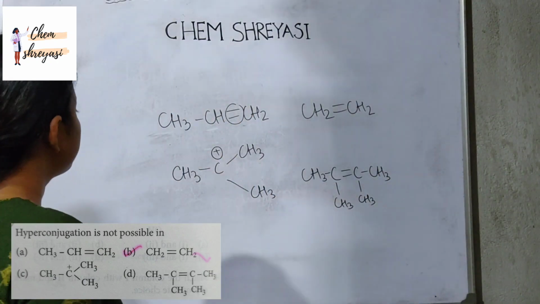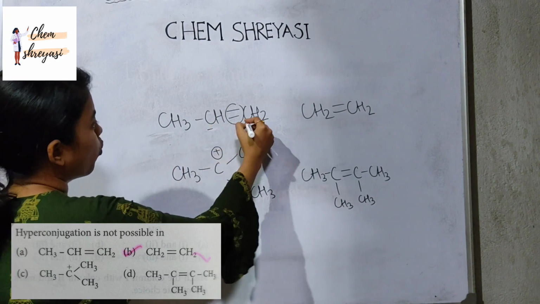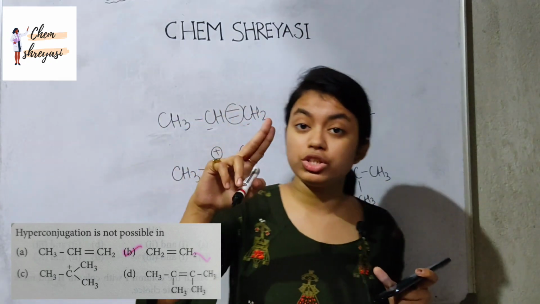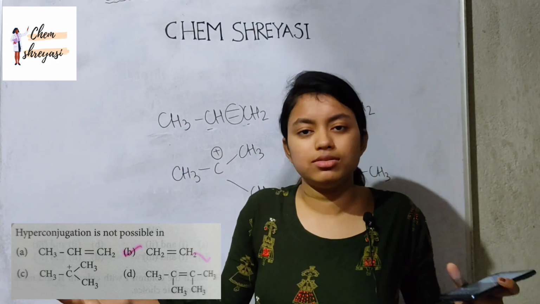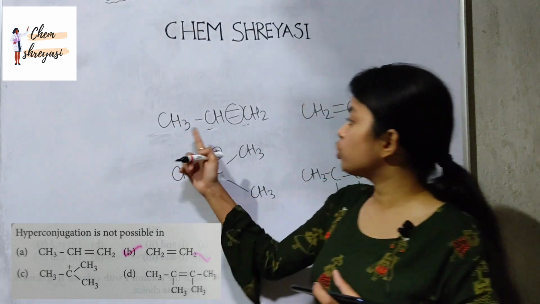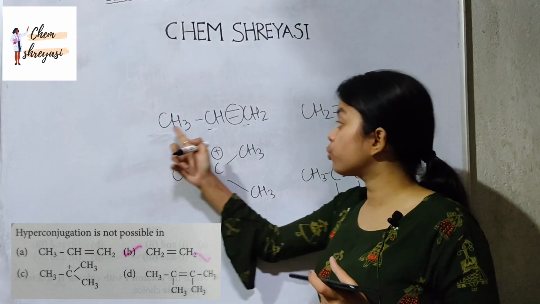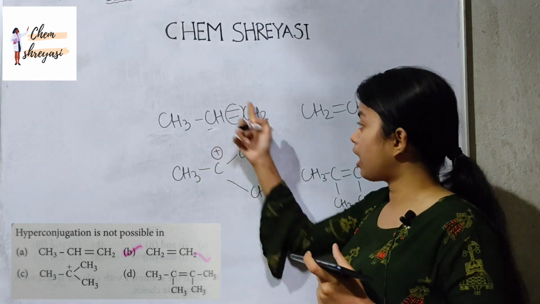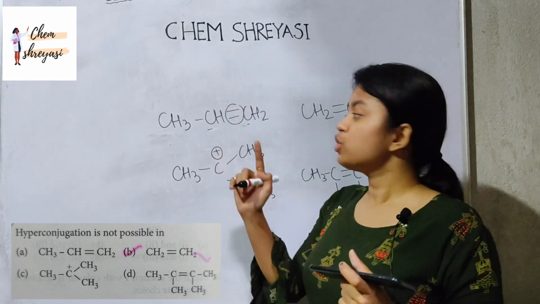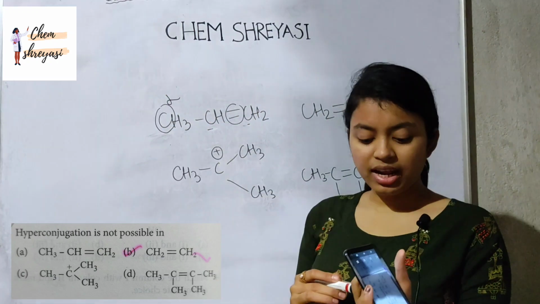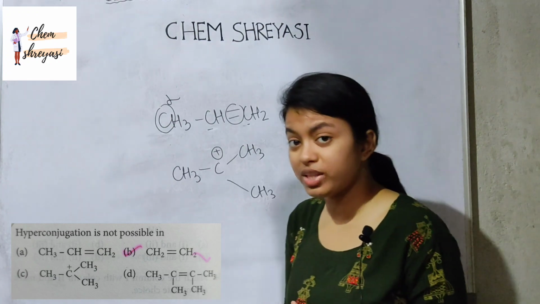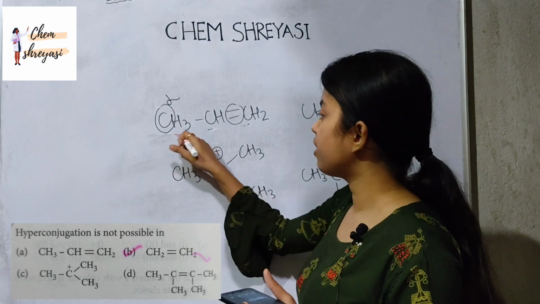In my first option, both carbons are double bonded with each other. This is unsaturation, because double bond and triple bond are known as unsaturation. The carbon directly attached to the unsaturated carbon is the alpha carbon, and the hydrogen attached to it is alpha hydrogen.